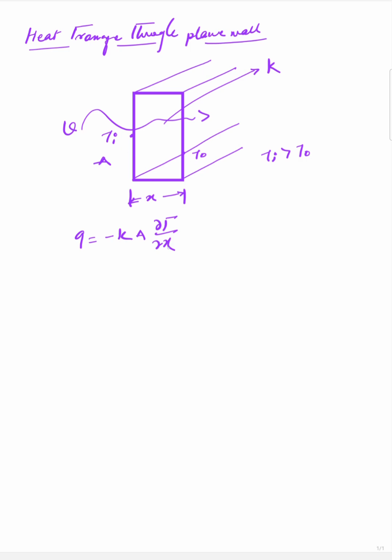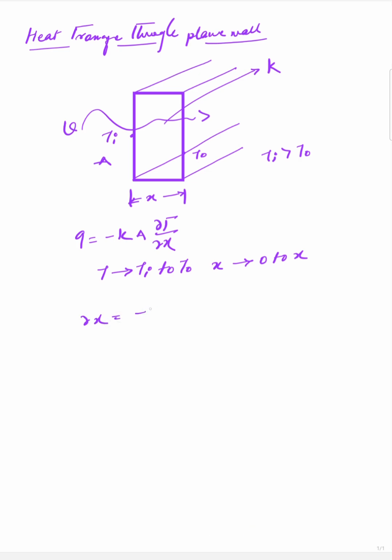So temperature is a function of thickness. So we'll integrate this particular equation with respect to limit T varies from Ti to To and thickness varies from 0 to x.